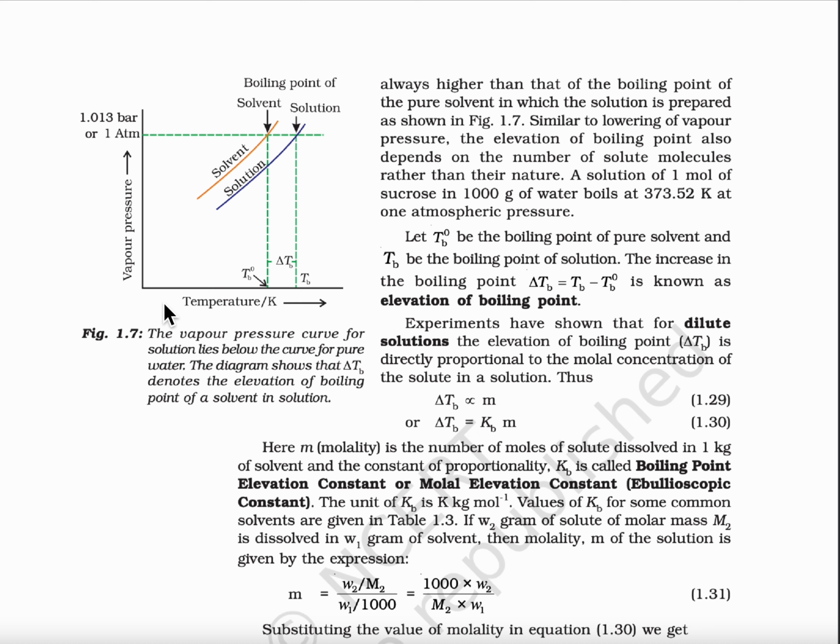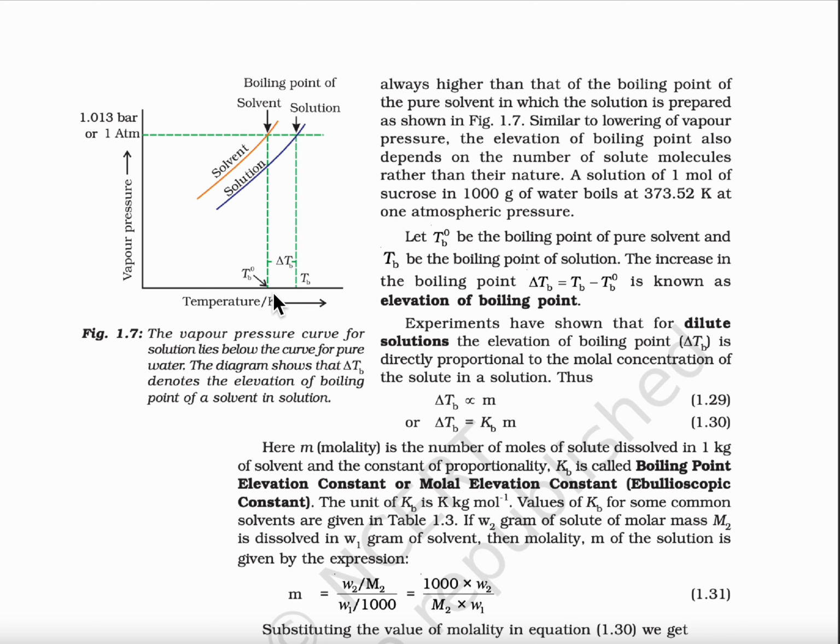Here this graph represents vapor pressure as a function of temperature. So this solvent will boil at this particular point, when the vapor pressure and atmospheric pressure equalize. When the temperature is Tb naught, the pure solvent will boil. But when it has become a solution, that is, when the solute is added to the solvent, the vapor pressure has to match the atmospheric pressure.